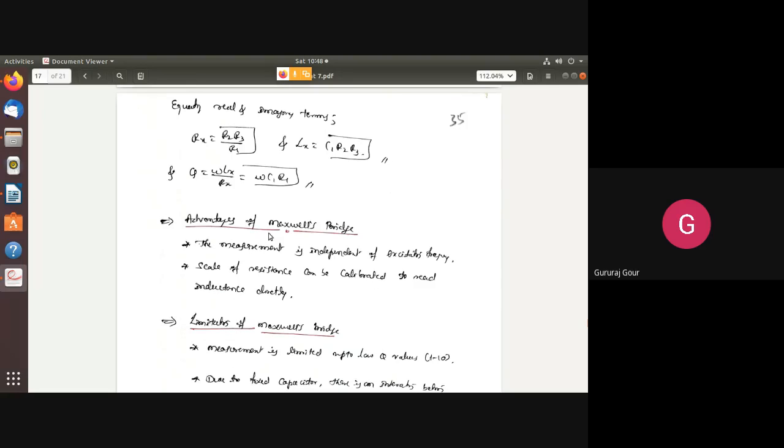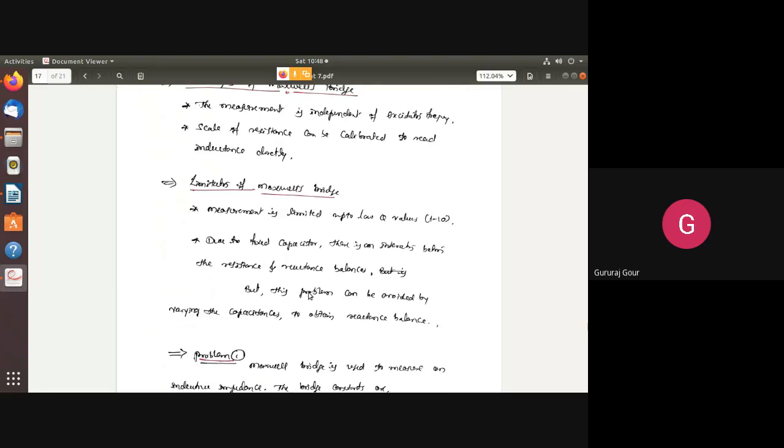The advantages of Maxwell's bridge are that its measurement is independent of the input frequency, and the scale of resistance can be calibrated to read the inductance directly. The limitations are that measurement is limited to low Q values, only 1 to 10.